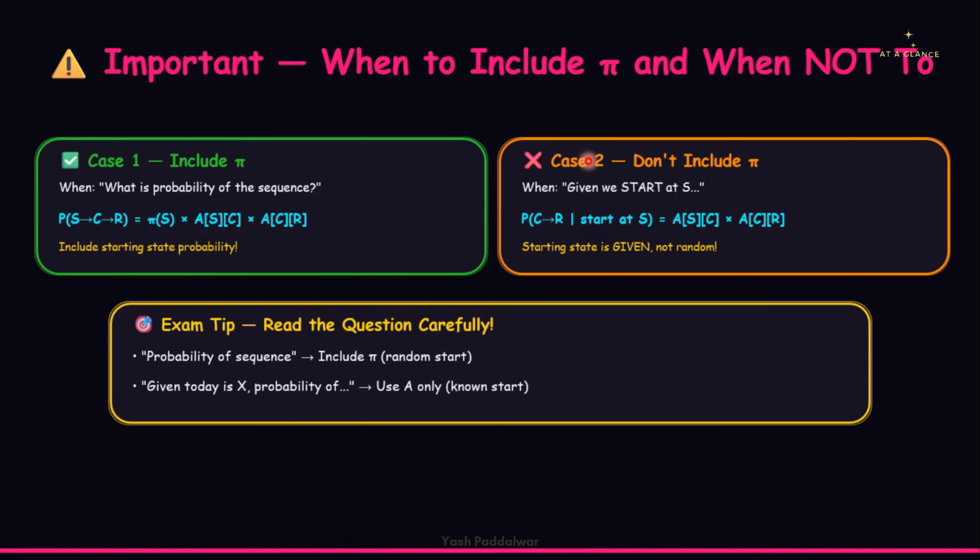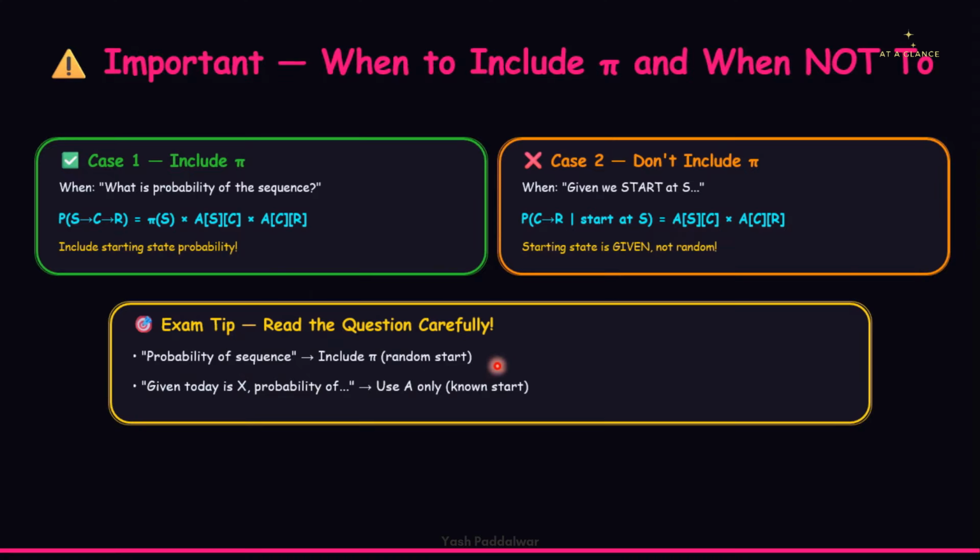Now case 2, when not to include pi, is when it is specifically mentioned that given we start at S. If the initial state is precisely mentioned as sunny or any particular state, if the starting state is given to you, it's not any random state, then do not include pi. Just calculate the probability of transition from S to C and C to R directly. Just multiply A of S, C and A of C, R.